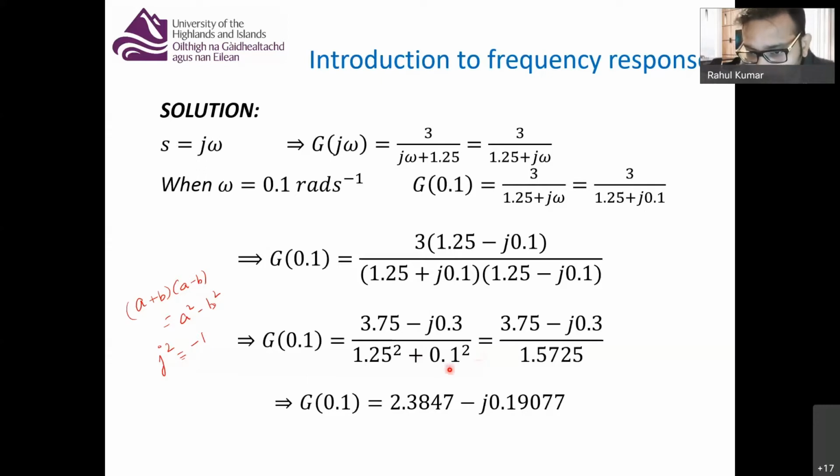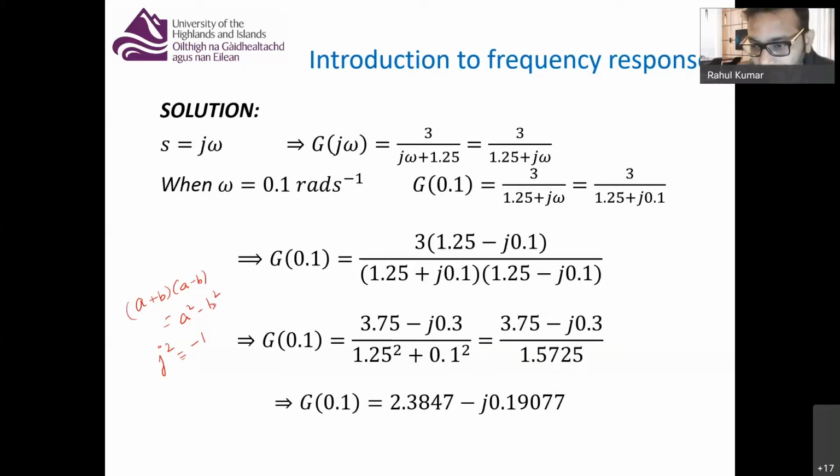So if you solve it, in the denominator you will end up getting 1.5725. Now as a next step, what I have done is I have separated out the real part and the imaginary part.